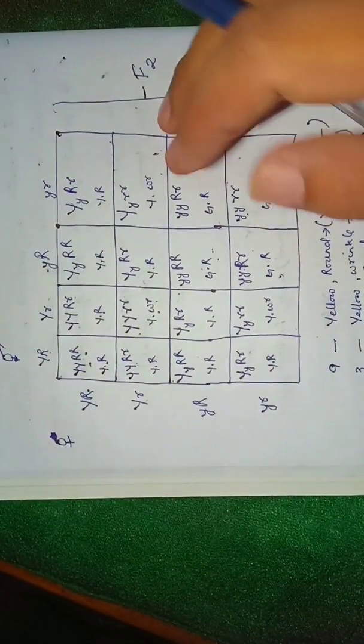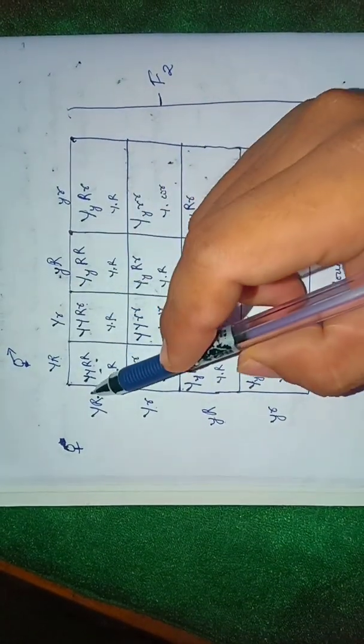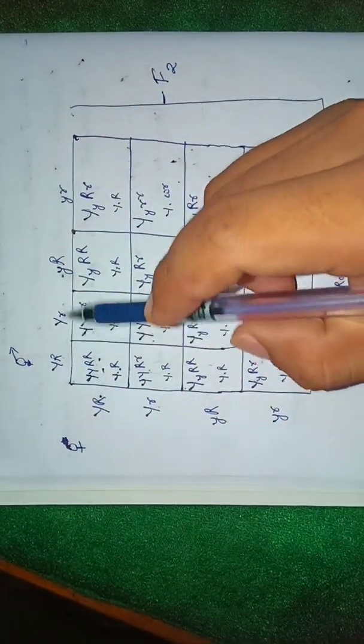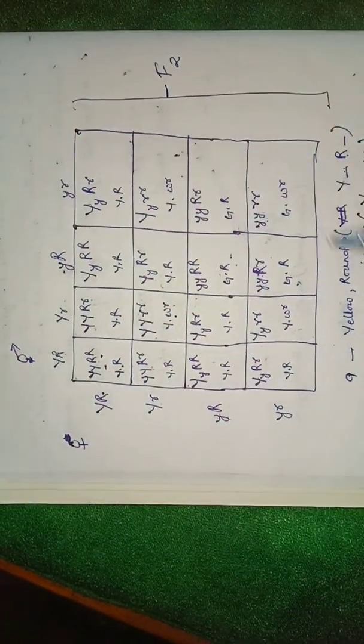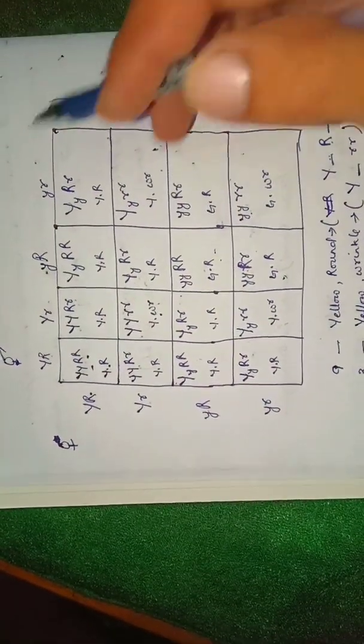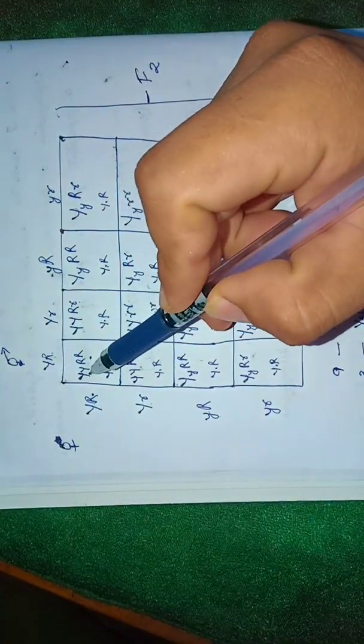So this is the Punnett square diagram, and this side indicates the male gametes, this side indicates the female gametes. These are the gametes given by the second generation parent. Now this will fuse with this one and it will form this one.